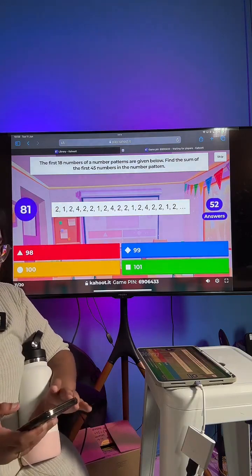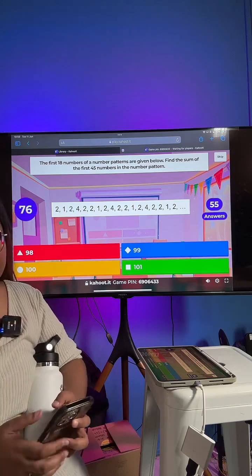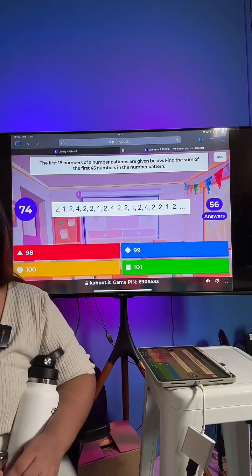You have about 80 seconds left, slightly over a minute. Think about your recurring pattern first, okay? Think about your recurring pattern.